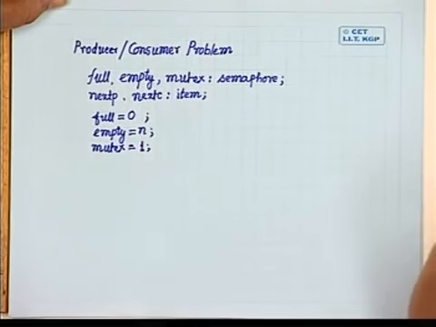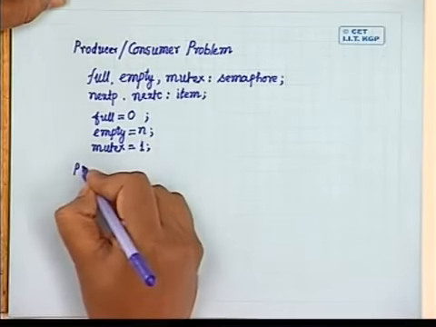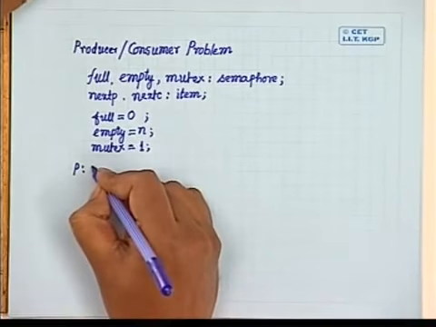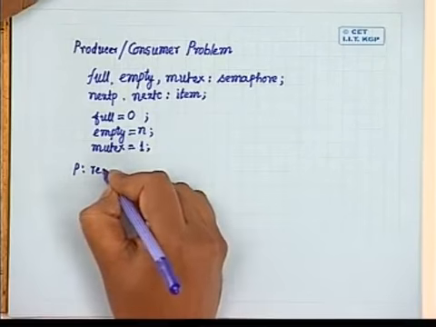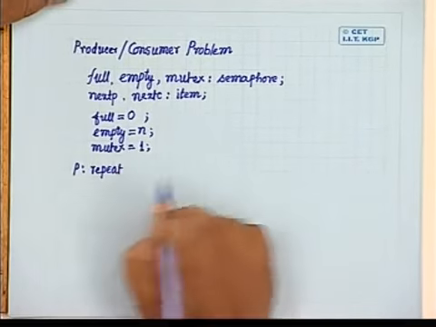So, this is the initialization of all these semaphore variables. Then the producer process can be written like this. I put it under repeat until false.